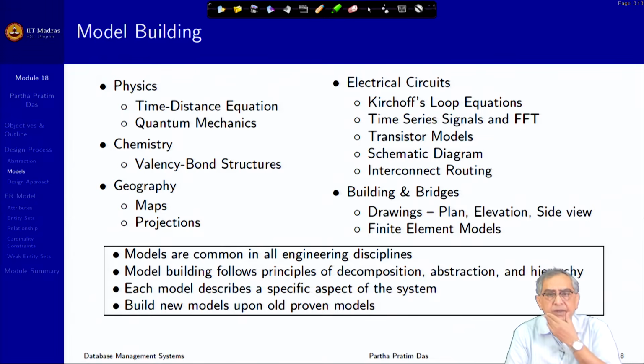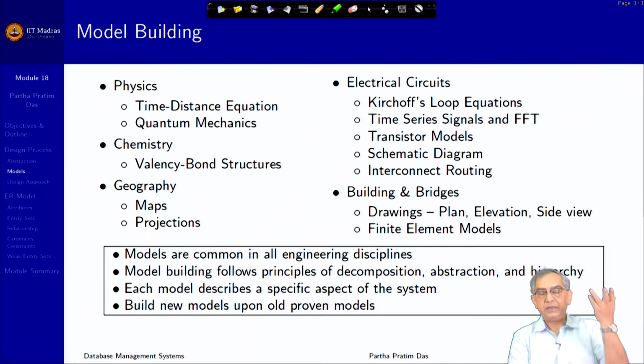So, just to give you examples, this is not specific to database design. If you think about physics, you have studied Newton's laws of motion. That is a model of motion. You have studied that s is equal to ut plus half at square, where s is the distance travelled, u is the initial velocity, t is the time elapsed, and a is the acceleration.